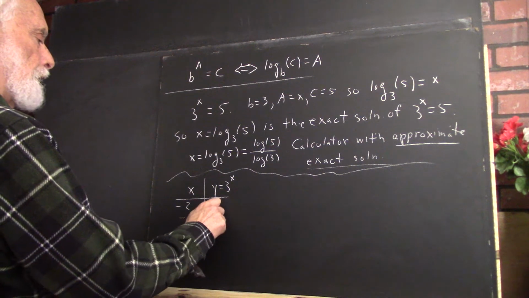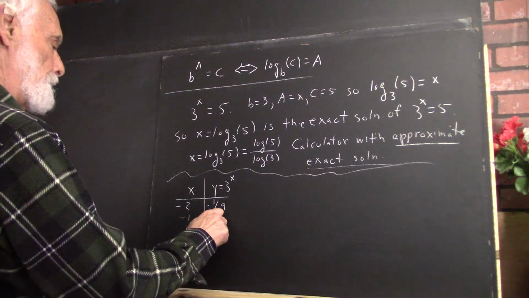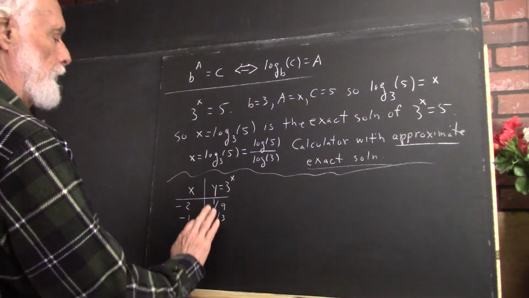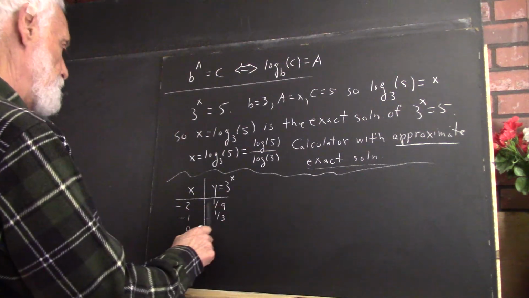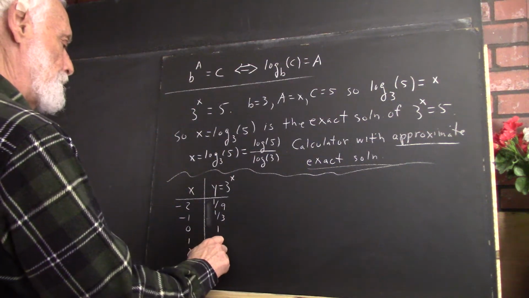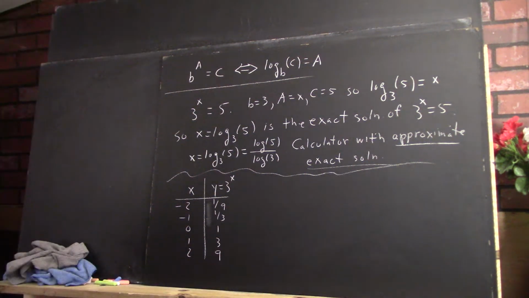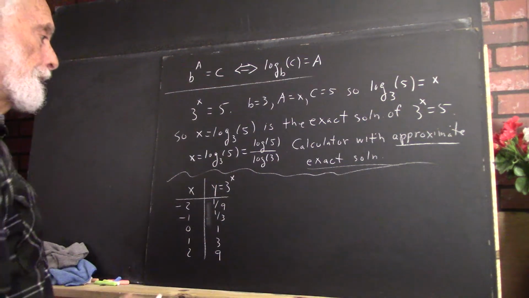And you can easily verify that this is negative 1/9. This is negative 1/3, and it's not negative. I understand how students write that down. You got to be careful. And this is 1, and this is 3, and this is 9. So there are my values.